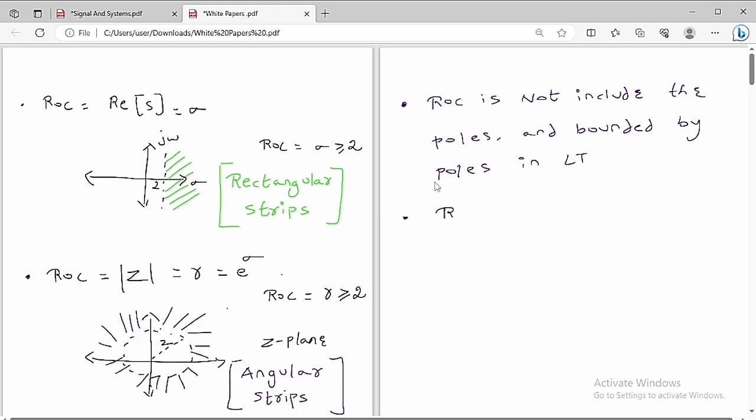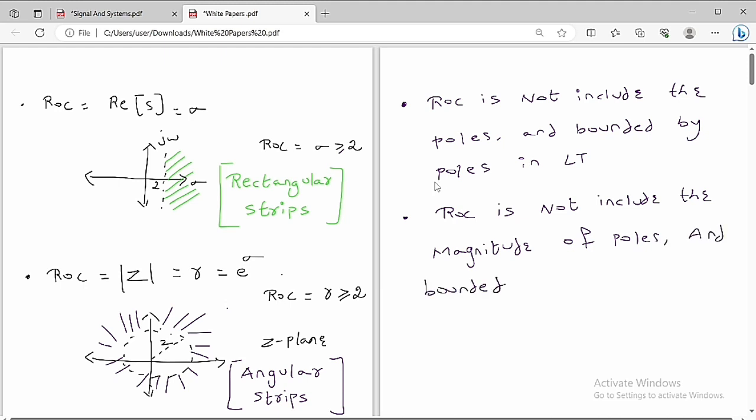Whereas in the Z transform, the ROC is not going to include the magnitude of the poles, because the radius is the magnitude of the poles, but it is bounded by the magnitude of the poles. So this is a point always you have to keep in mind.